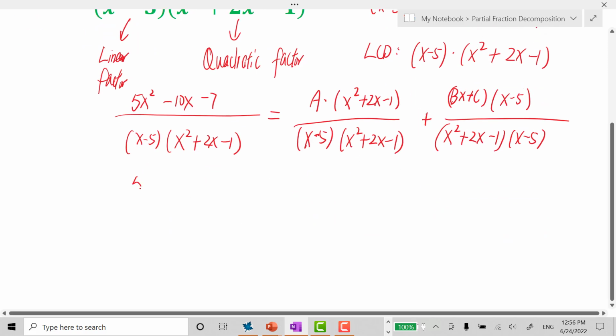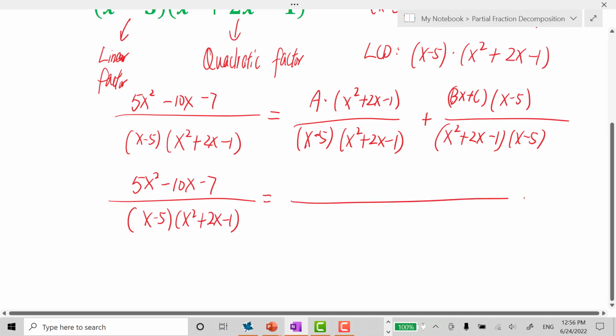On the left-hand side, that's 5x squared minus 10x minus 7 over x minus 5 times x squared plus 2x minus 1. Now on the right-hand side, combine into a single rational expression, which is x minus 5 times x squared plus 2x minus 1.